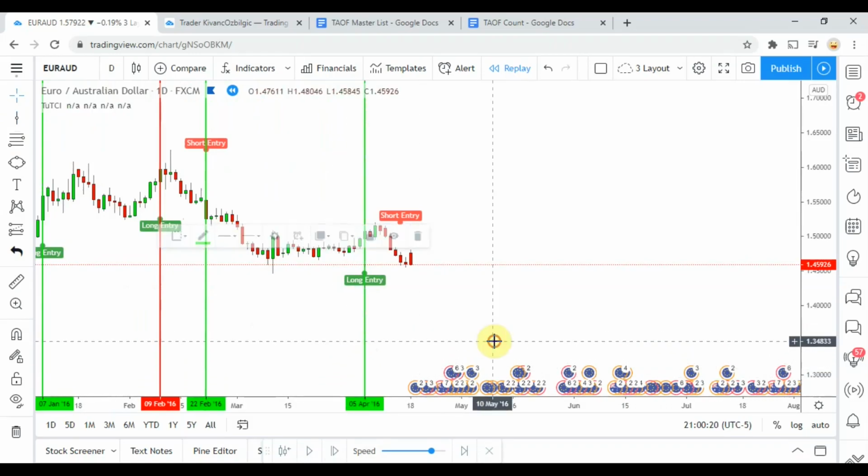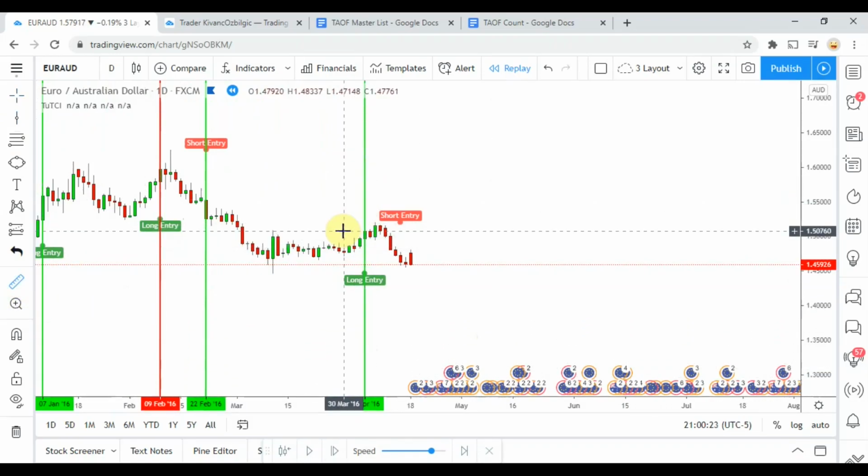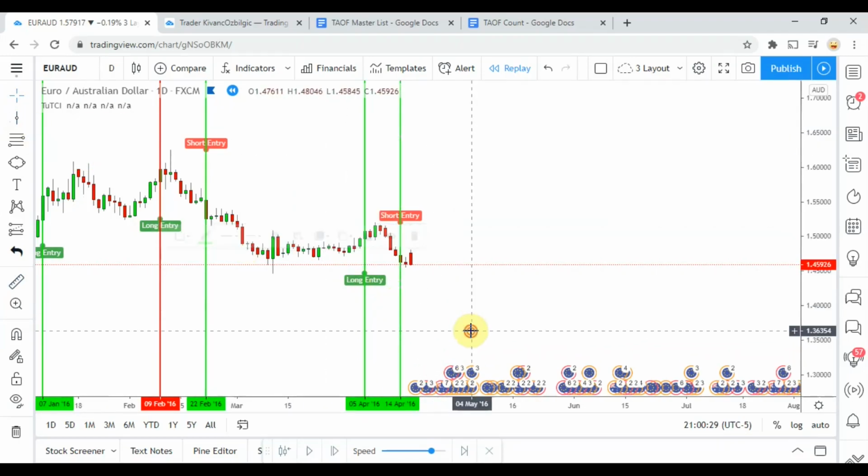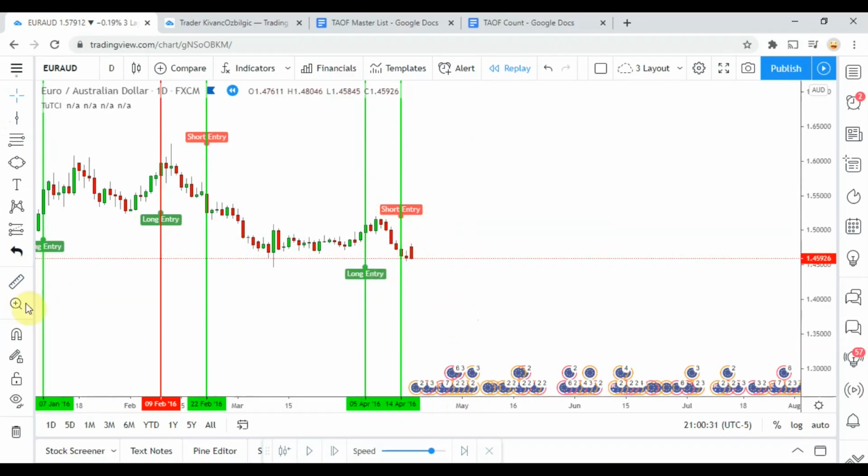So a long signal right there, and another take profit. Short signal right here. That candle is unfortunate. That is actually a gap up from one week to another.